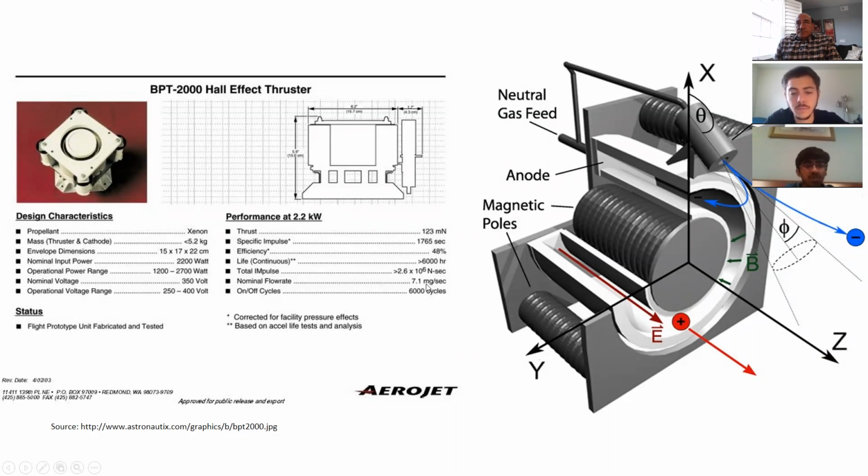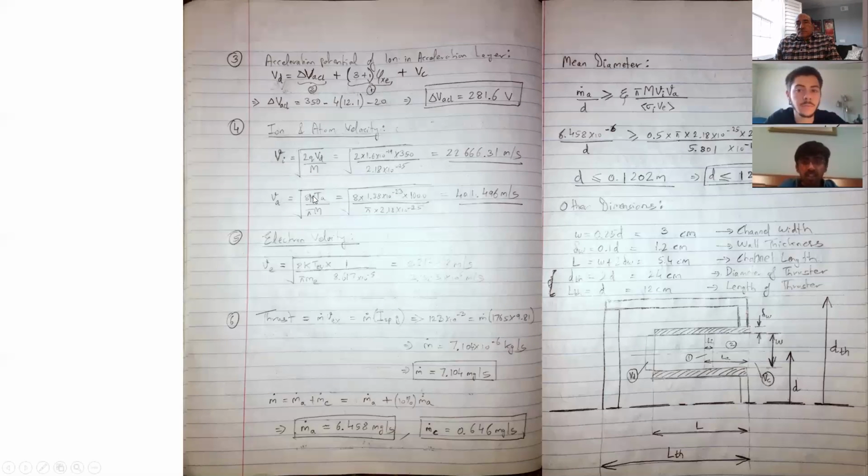So basically those formulas have been used to design back this Hall thruster. This was just a direct picture that I found online, but the values seem to correspond.